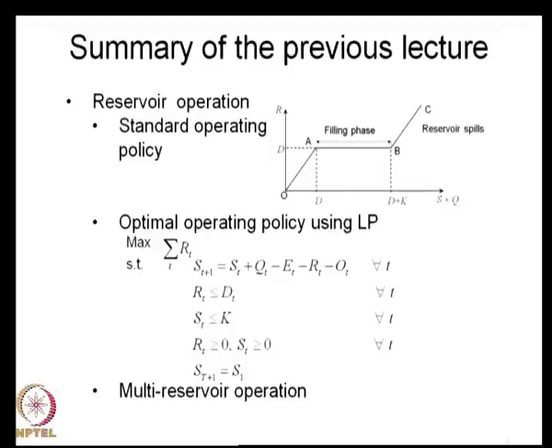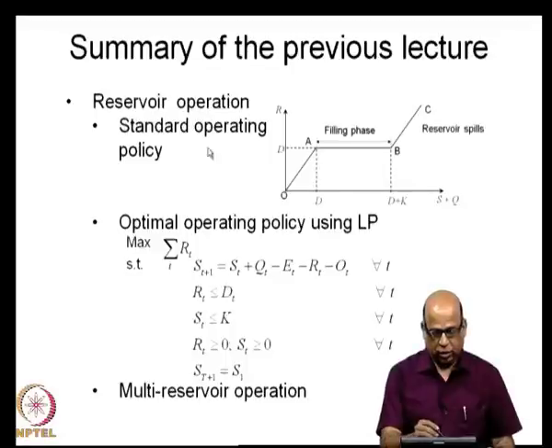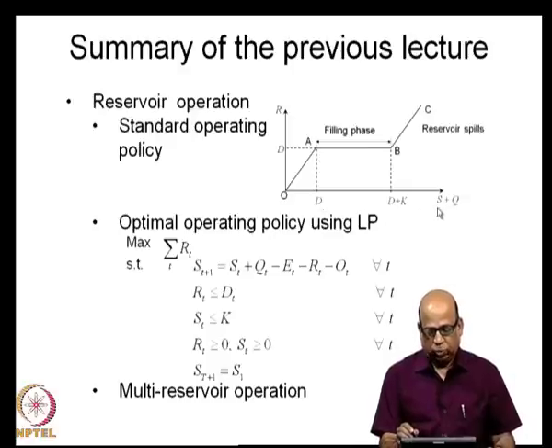Of course, you can also include the evaporation losses there. S plus Q minus E is what we look at in the standard operation. So, this is what we discussed. This is the phase in which the reservoir will be empty after you meet the demand. D is the demand and this is the S plus Q, which is the storage plus the reservoir inflow.